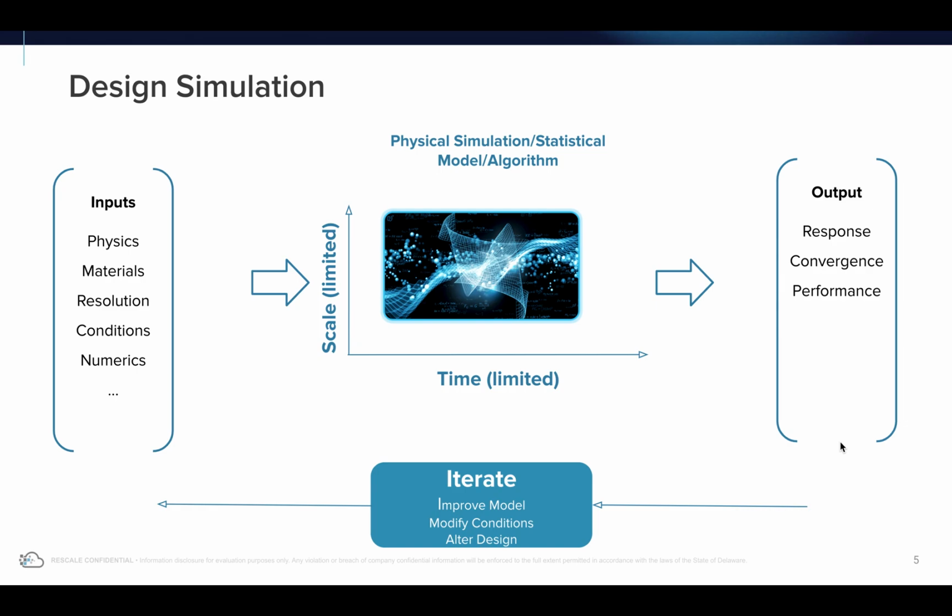There's been a lot of technology that's gone into making these solvers very representative of physics, very high fidelity, and run very efficiently on the available compute hardware. But of course, in order to make any use of these tools in a practical design cycle, we have to be very conscious of the horizontal axis here, time. With these simulations, oftentimes we're still limited in our ability to model based on the time that we have.